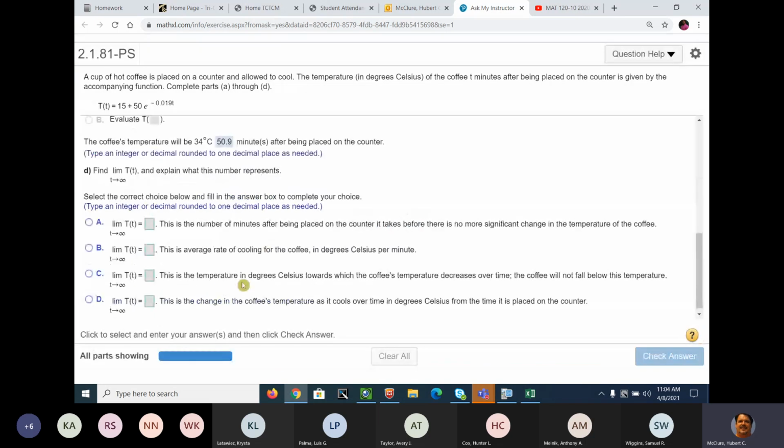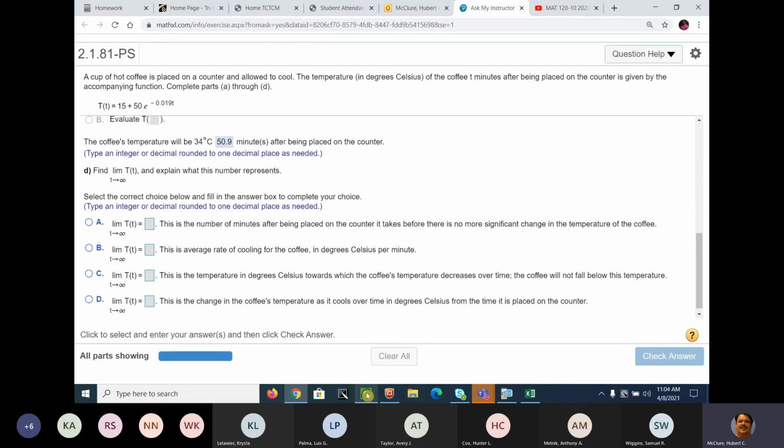Oh my Lord. This is ridiculous. Find T of infinity and explain what this number represents. We'll take the actual function: the limit as t approaches infinity of 15 plus 50 e to the negative 0.019 t.